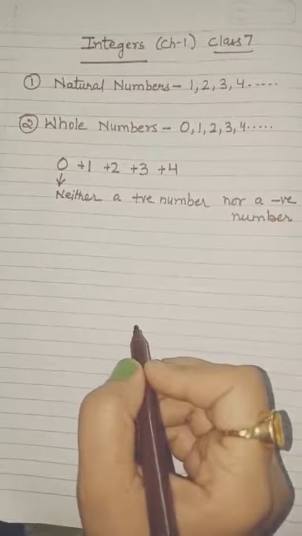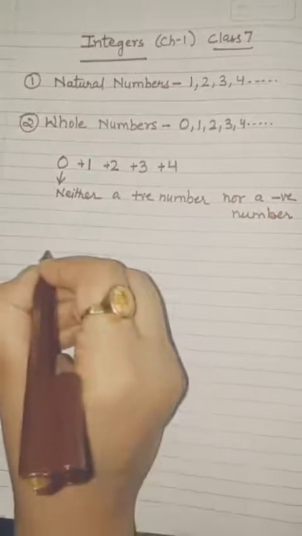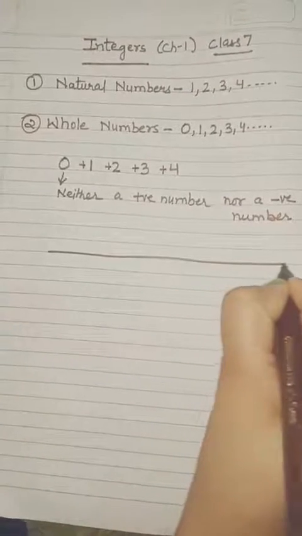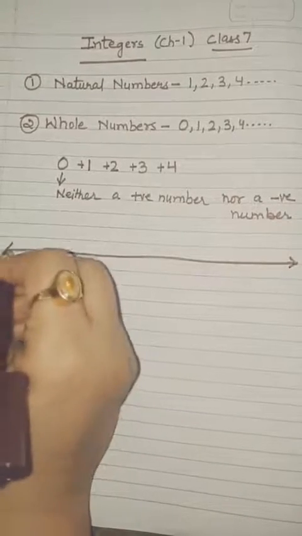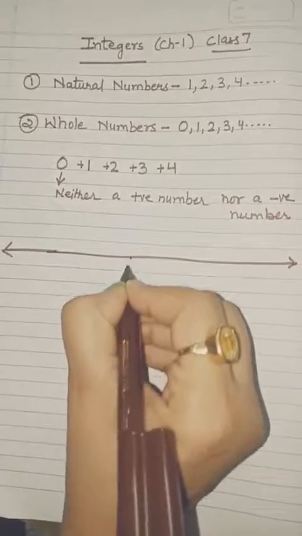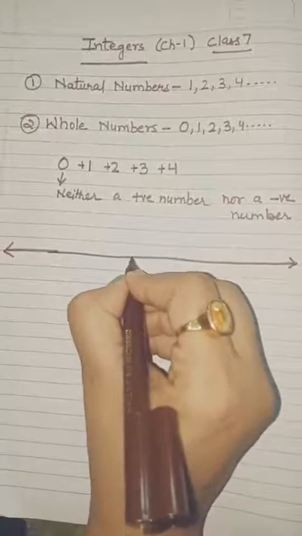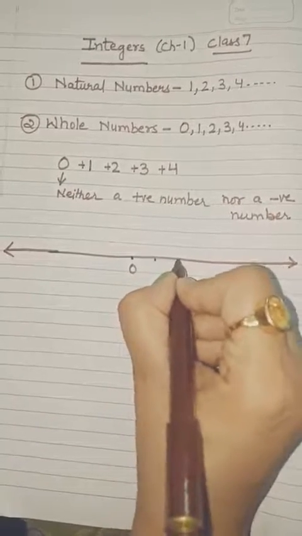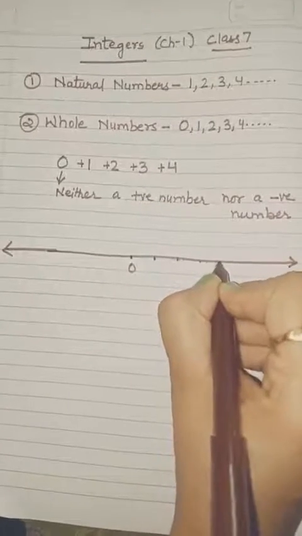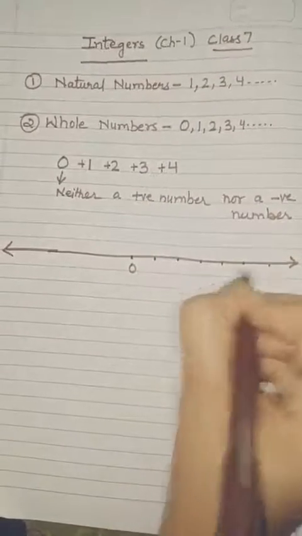In our previous class, we also learned how to draw a number line. For example, if we are drawing a number line, the midpoint is 0, and here we are pointing these numbers 3, 4, 5, 6.